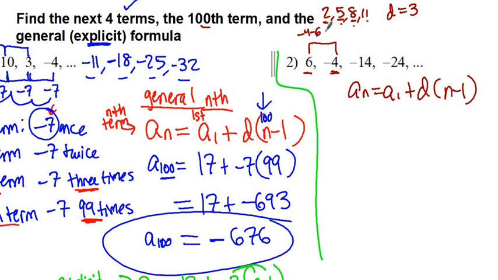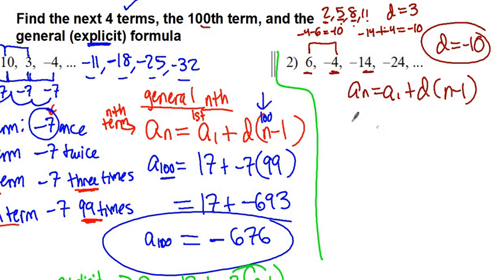So let's do that right here. Negative 4 minus 6 would be negative 10. Negative 14 minus negative 4, which is like plus 4, that would also be negative 10. So it looks like the common difference here, each time we're subtracting by 10. So our general formula now, we have enough to write that, is a sub n equals a sub 1, our first term, that's equal to 6, plus our common difference, we just found that's negative 10.